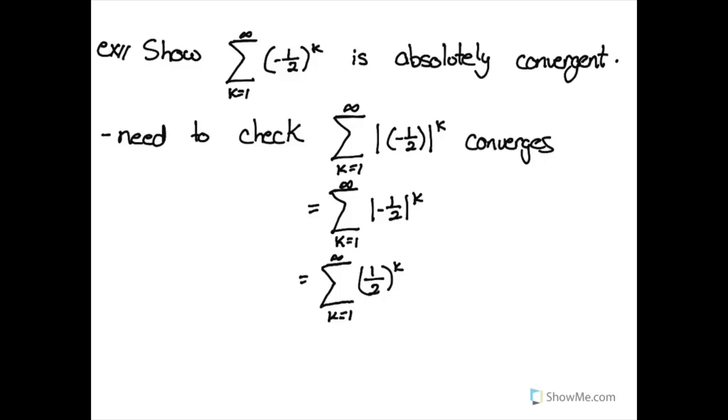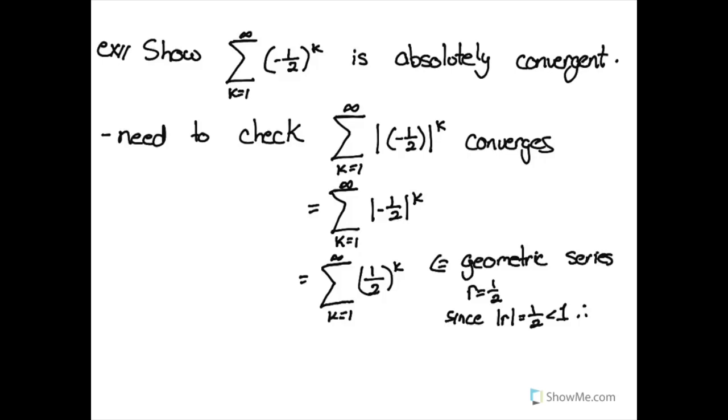So now, does this series converge? If you look closely, this is again a geometric series with r equal to 1/2. And if you recall from the theorem on geometric series, if the absolute value of r is less than 1, then the geometric series is convergent. And in this case, since the absolute value of r is equal to 1/2, which is less than 1, this series converges.